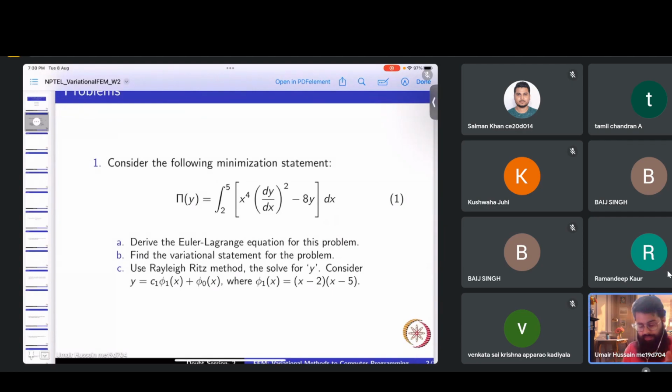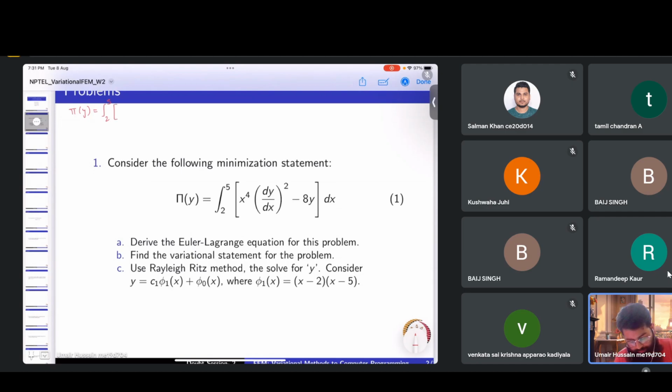Okay, so we are given a minimization statement. Simplify it and write it here. So how do we go about it?